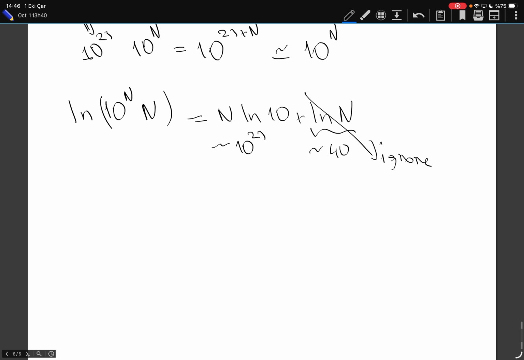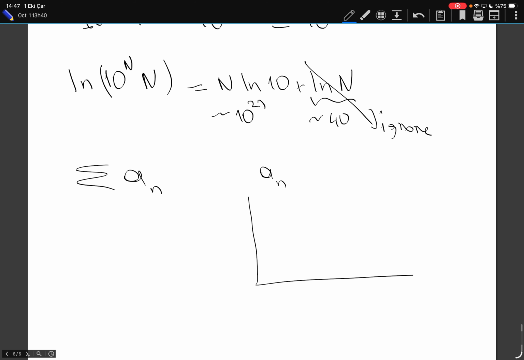We will also carry out many summations of, let's say, some factors an. But an's, in general, will have such a dependence. You see, an's themselves are of the order of 10 to the power n, if they are 10 to the power n in general.